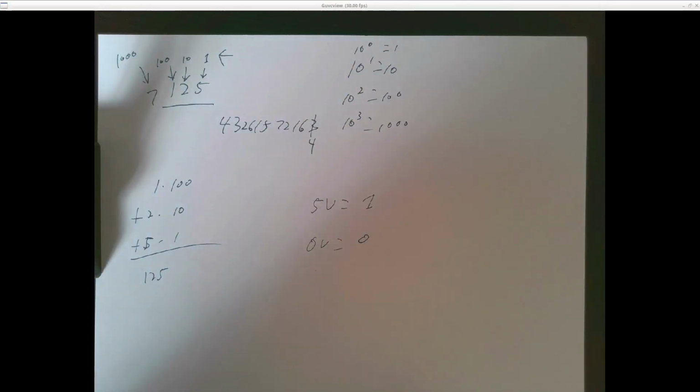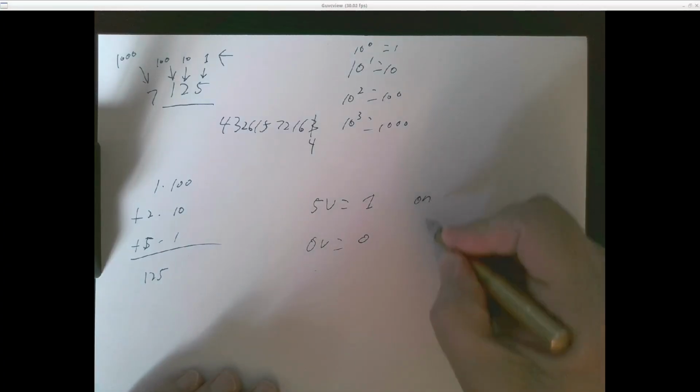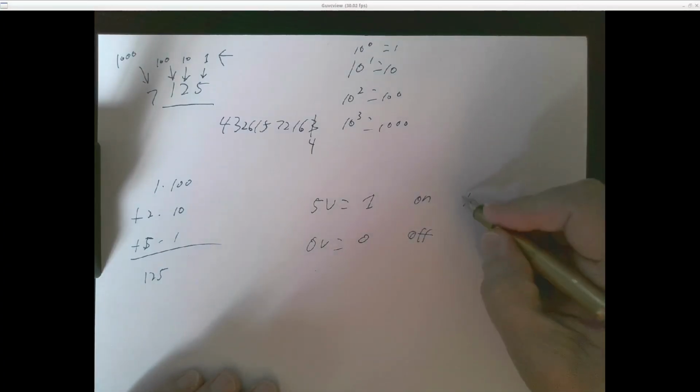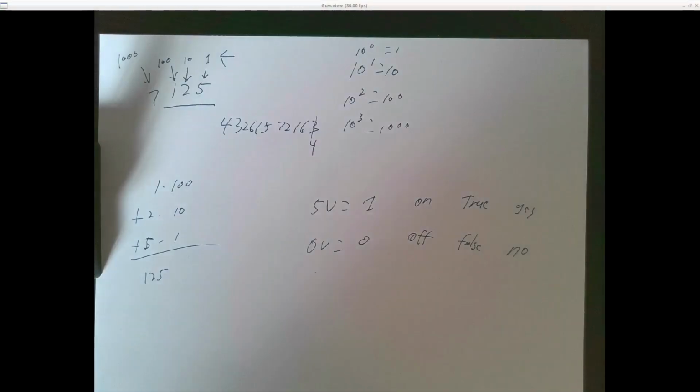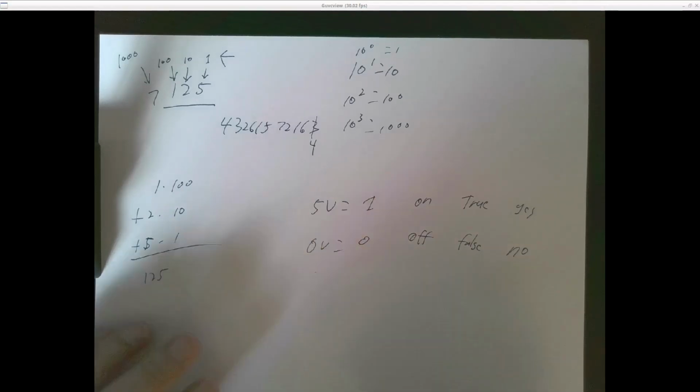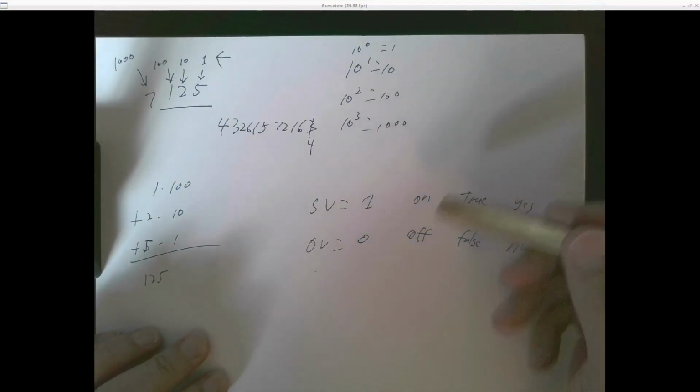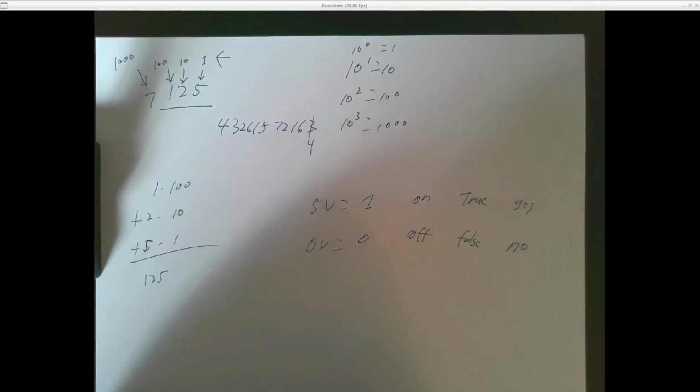And all the points inside the circuit were either 5 volts or 0 volts. And we can think of this as just being on or off, or maybe true or false, or maybe yes and no. What's common to all of these is that we have two possibilities, right? High voltage or low voltage, 1 or 0, on or off, and so on.